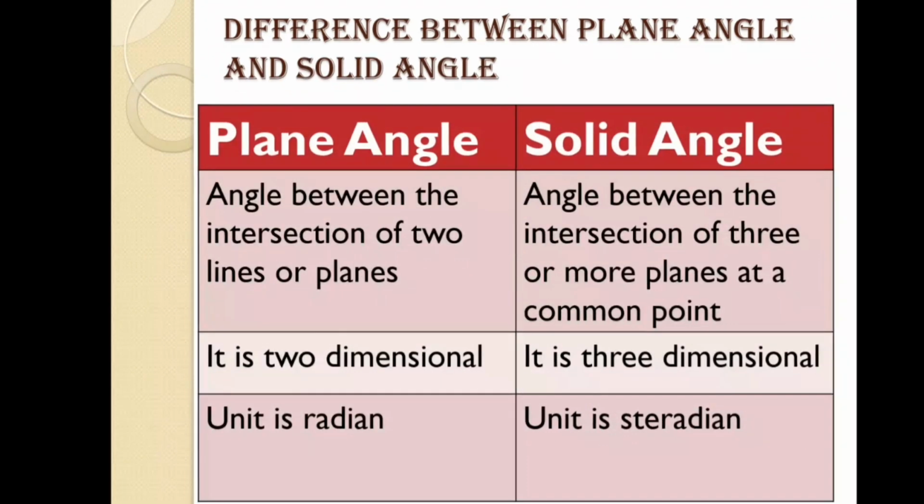The plane angle is two-dimensional, and solid angle is three-dimensional. The unit of plane angle is a radian and the unit of solid angle is steradian. These are the three differences between a plane angle and solid angle.